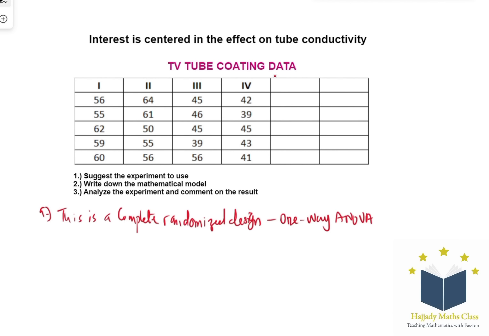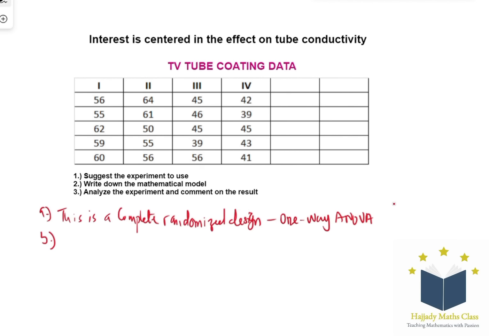So the second question is to write down the mathematical model for this. You can check some of my previous videos for the proof of this model, how the model is gotten, the breakdown, the composition of the one-way ANOVA. I'm going to attach it at the end of this video.